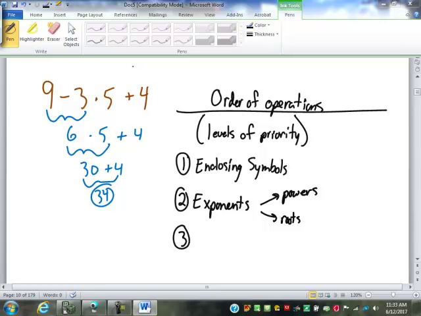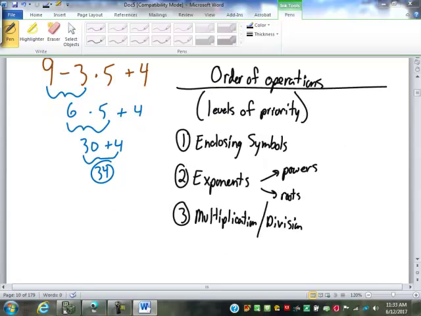Our third level of priority is multiplication. And because we said it was part of multiplication, of course, multiplication includes division. And our lowest level of priority is addition. And again, because it's part of it, that includes subtraction.